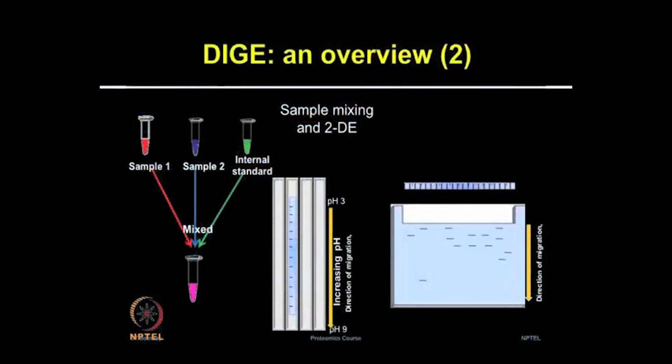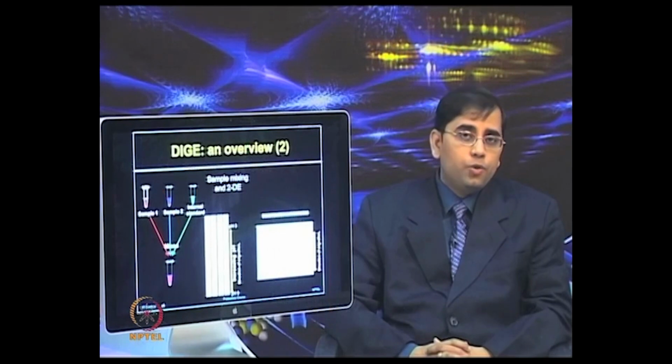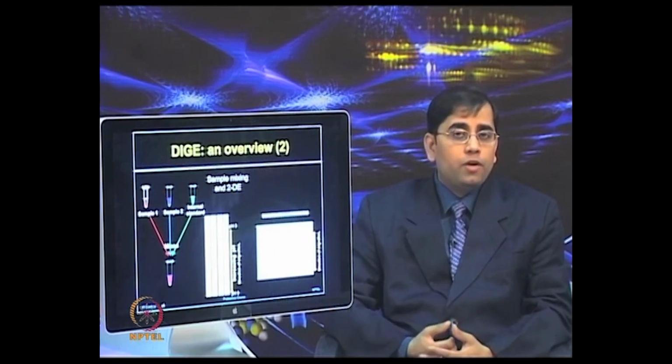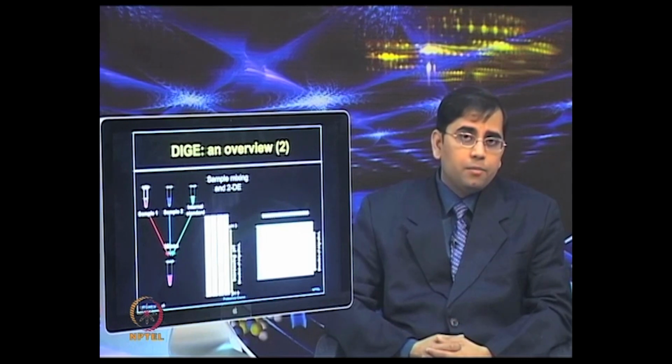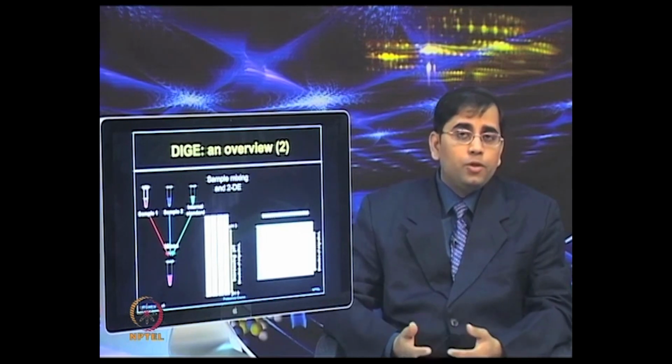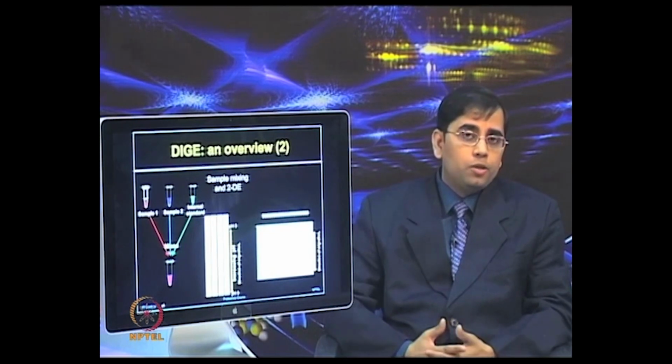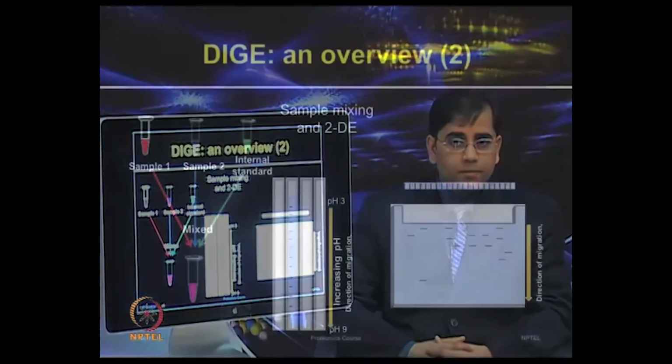So, in the conventional 2-dimensional electrophoresis, the gel to gel variations which come from the acrylamide polymerization, electrical, pH and thermal fluctuations in different gels, that can be overcome in the DIGE gels, because all the protein separation is going to happen on the same gel. So, all those artifacts can be minimized by using the DIGE approach.